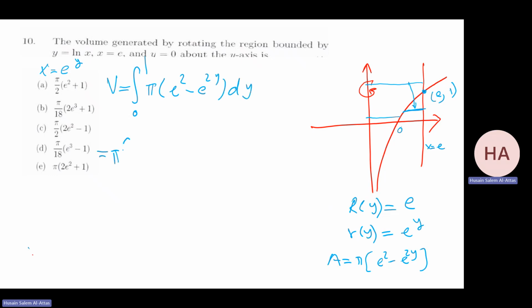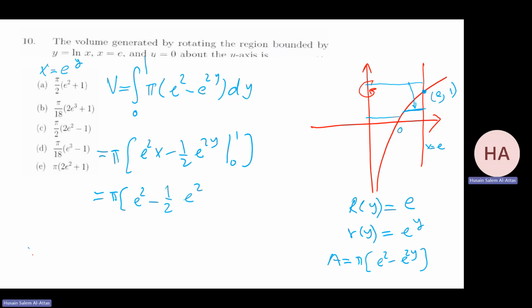Yeah, so I can do the integration right away. This is e squared, just a number, times y minus half e to the 2y, from 0 to 1. Do the calculation. That gives me e squared minus half e squared.